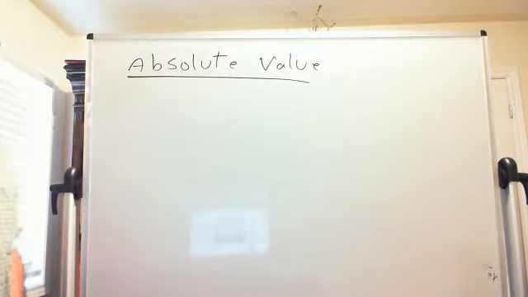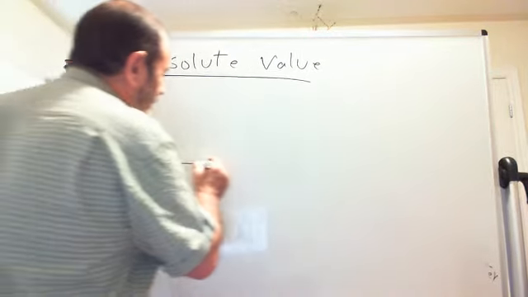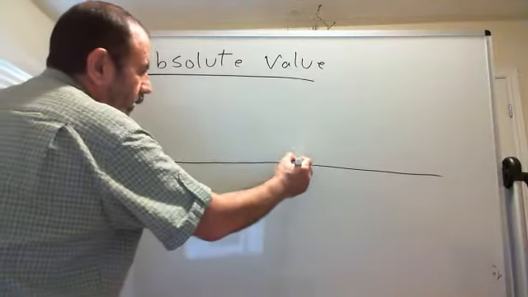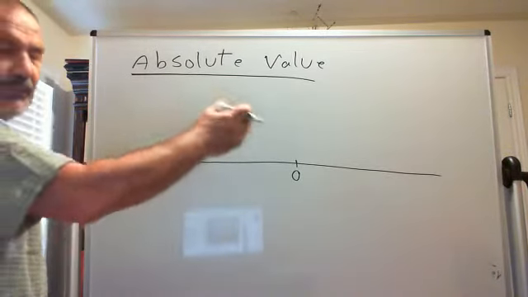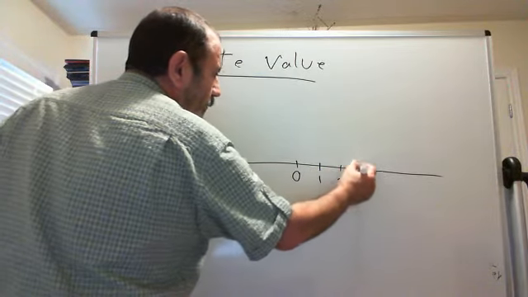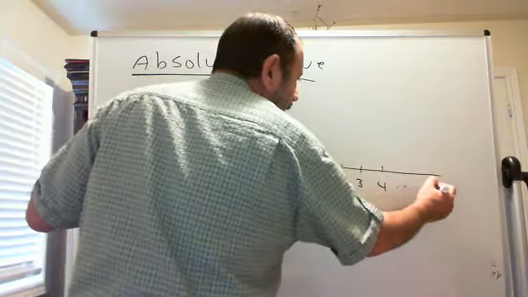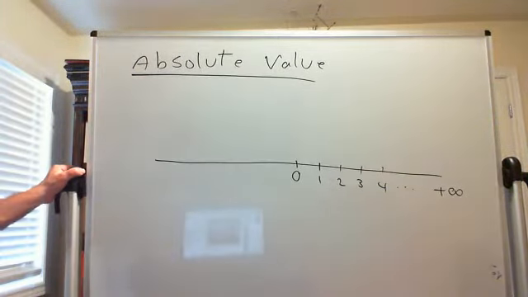If you remember from very basic maths, if I draw this horizontal line, right, and I put the numbers here, this is 0. When we are going to the right side of the 0, the number is getting bigger, 1, 2, 3, 4, and it keeps going on up to a very big number that we call positive infinity.